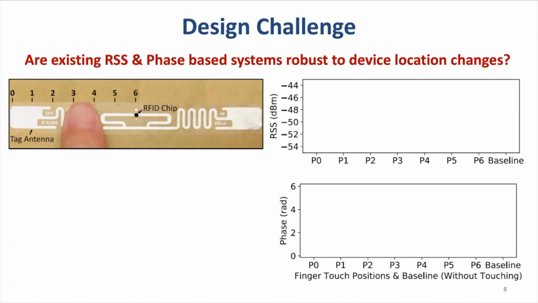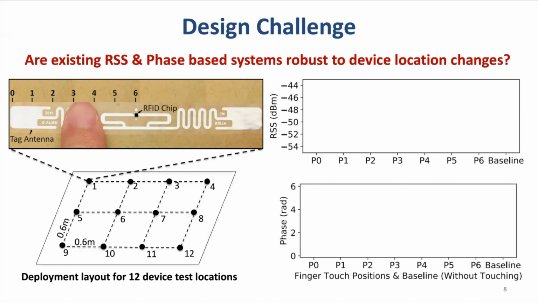In those two figures, the x-axis is the 7 touch positions on the RFID tag, and a baseline when there is no touch on the tag. Unlike existing studies, which locate the tag at a fixed location, we move the tag over 12 locations and measure the phase and RSS at each location.